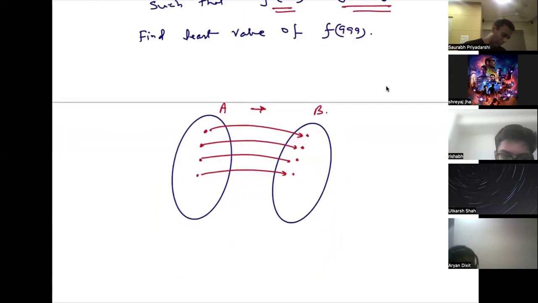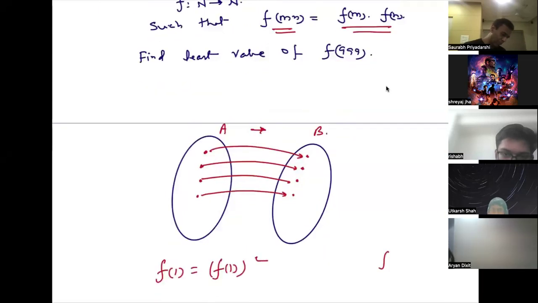So I can find f(1) is equal to f(1) square, but it's up to natural numbers, so f(1) is 1 only. So what is f(2)?